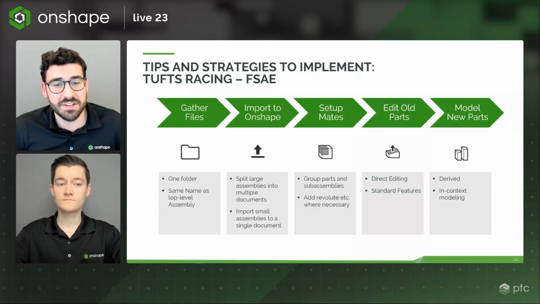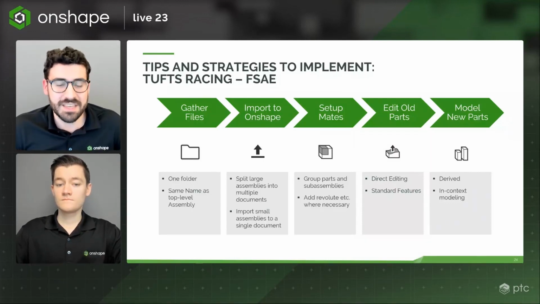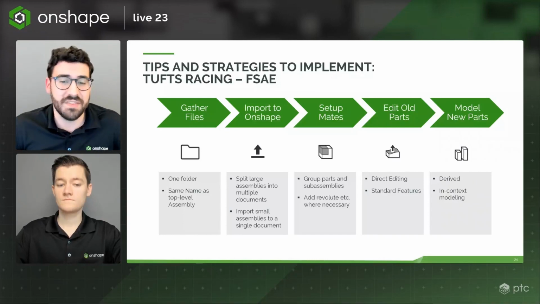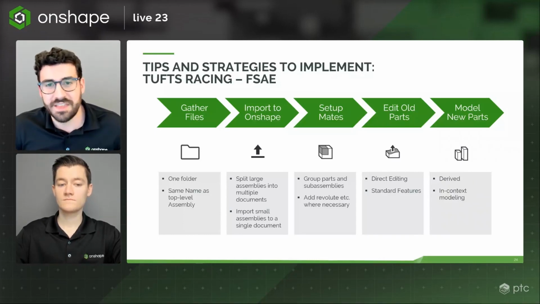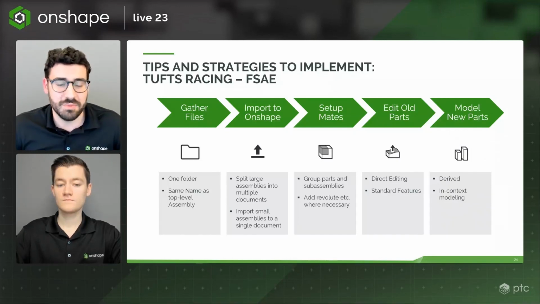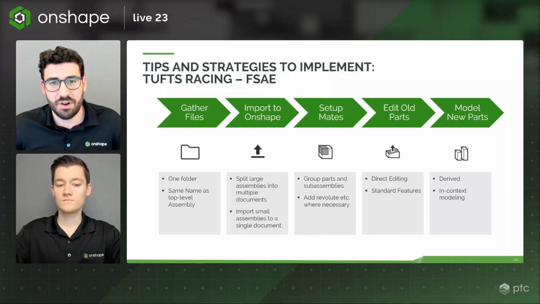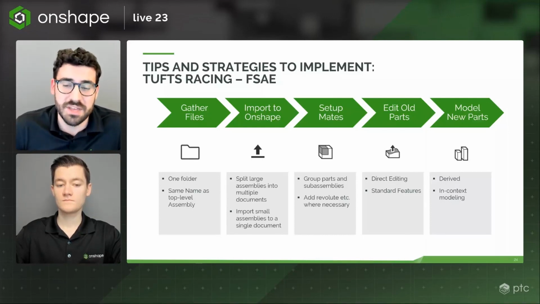Once you bring it into Onshape, just like what happens when you switch between any CAD tool, some data and information might be a little bit lost. And the key one here is those mates that define the relationships between parts. That doesn't carry over between tools, no matter what tool you switch between. So you'll have to spend a little bit of time resetting those up. But luckily, things all import in the correct orientation, so it's really easy to do that.